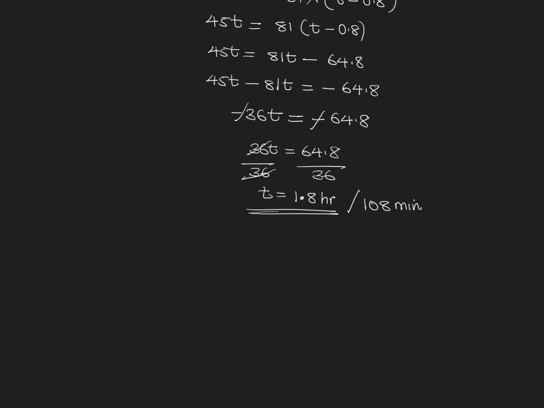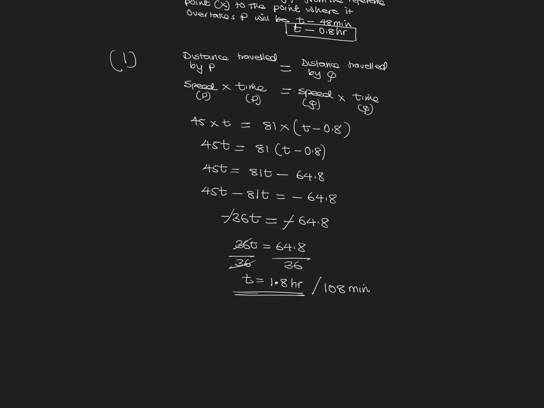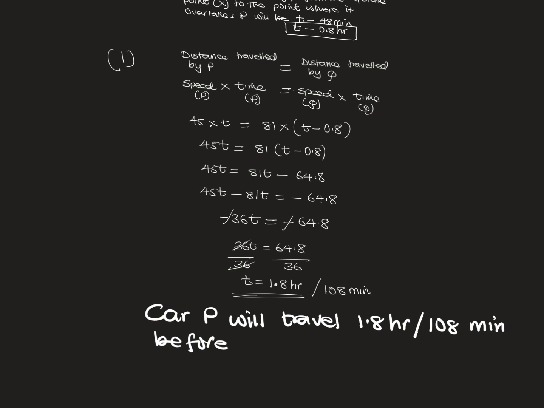So car P will travel 1.8 hours or 108 minutes before it can be overtaken by car Q. Is that correct?